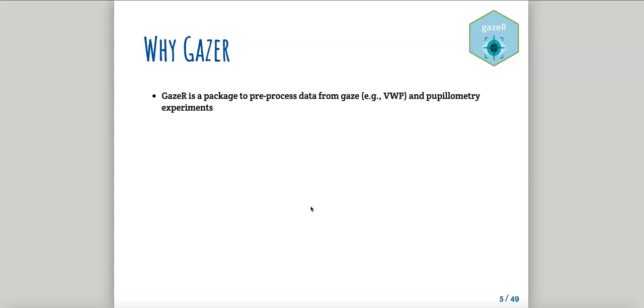When I started as a postdoc, Dan Merman was already working on the gaze portion of GAZAR, and he and I met, and I threw out the idea that we should combine his gaze functions with my pupillometry functions that I wrote over the years to help me analyze my pupil data, because I couldn't find anything accessible or any good pipelines out there. And out of this came GAZAR.